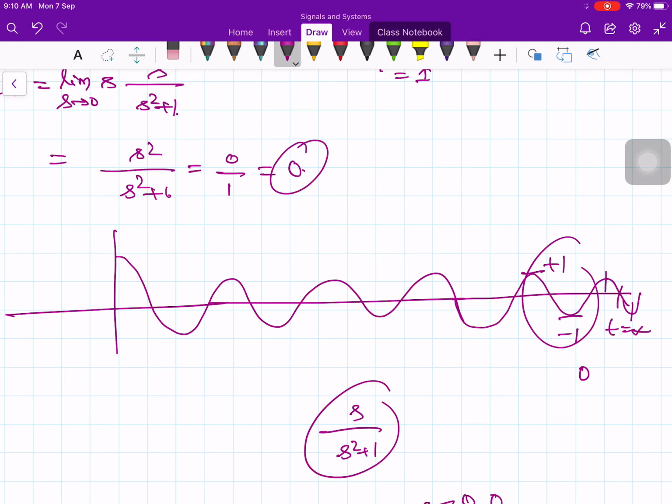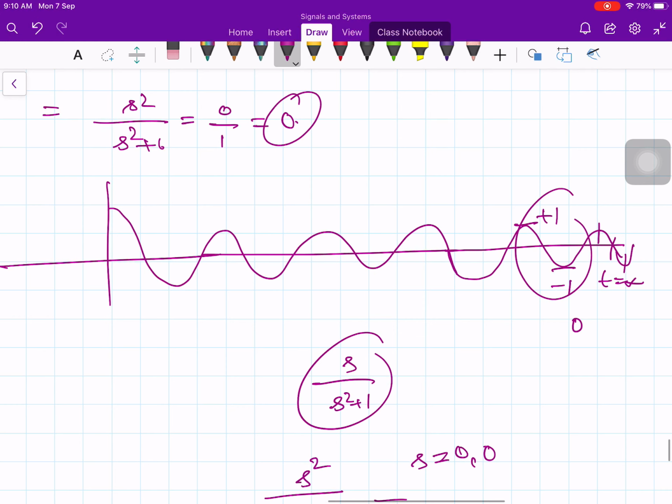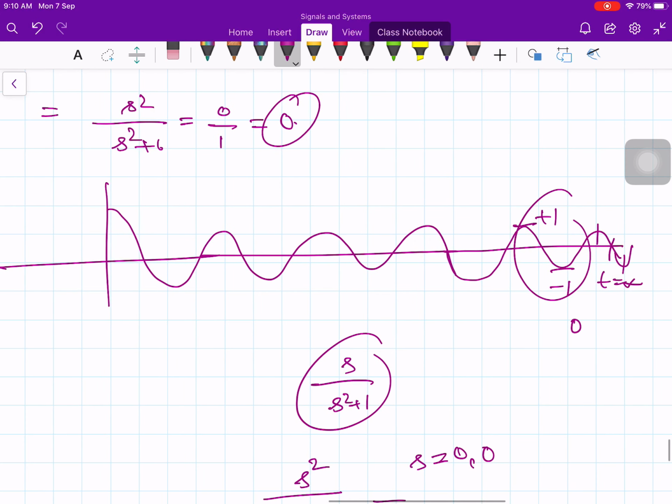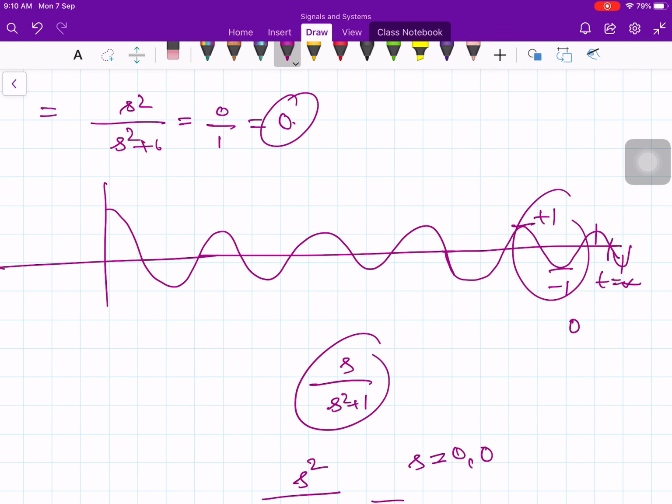Therefore, we cannot use this whenever s times x of s has poles either on the j omega axis or in the right half plane. The first thing you have to do is find the location of the poles, whether they are in the right half of the s plane or on the j omega axis. Then you apply the final value theorem, otherwise it will not be valid.